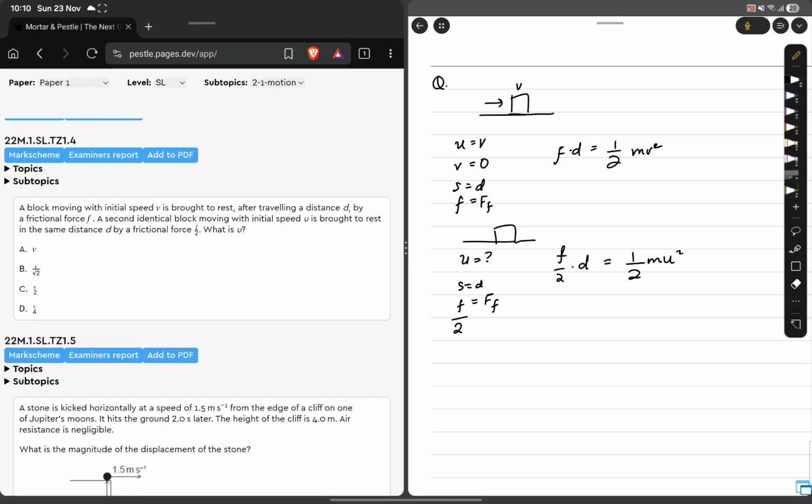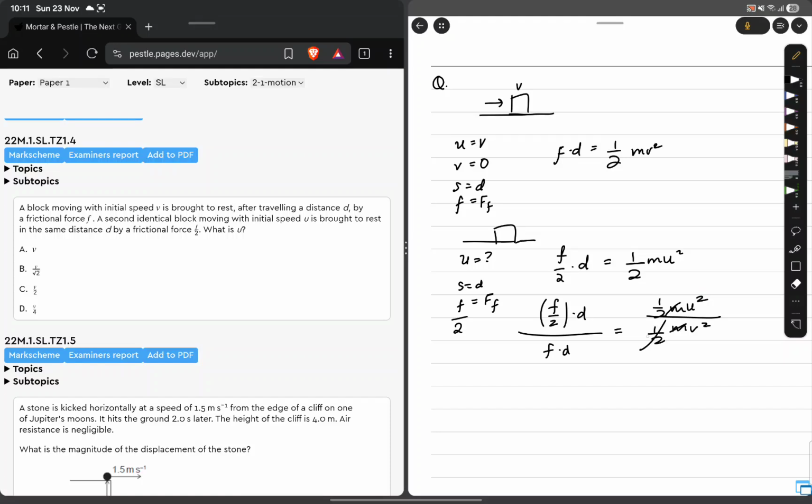Well, what we're going to do is divide the equation so we can get rid of the d's and the m's. So it's going to be F over 2 into d over F into d equals half m u squared over half m v squared.